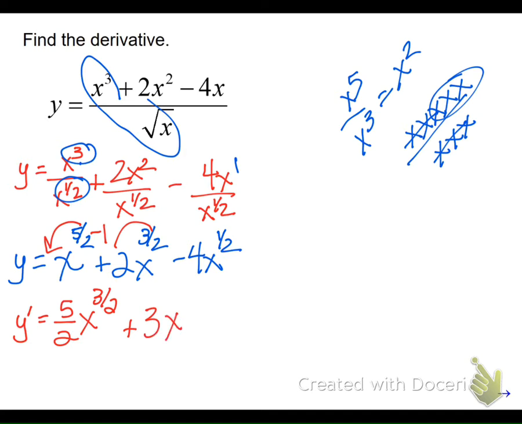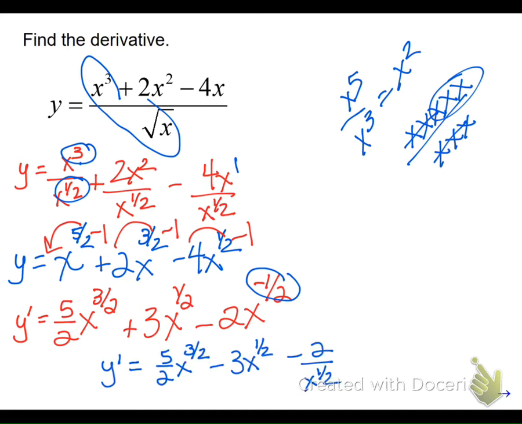X to the subtract 1 in the form of 2 over 2. And last, 1/2 times 4. Half of 4 is 2. X to the subtract 1, and you get -1/2. And then again, don't forget, if you get a negative exponent, just move that guy to the denominator. So these first two terms are going to stay the same, but the last term, the x to the 1/2, will move to the bottom.